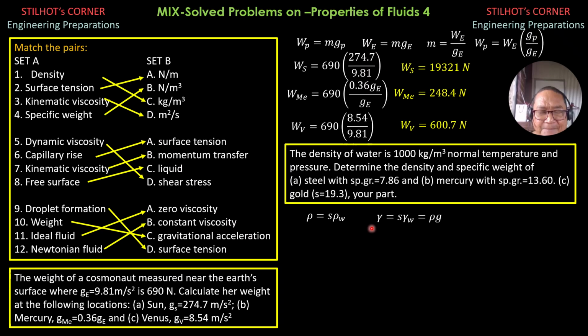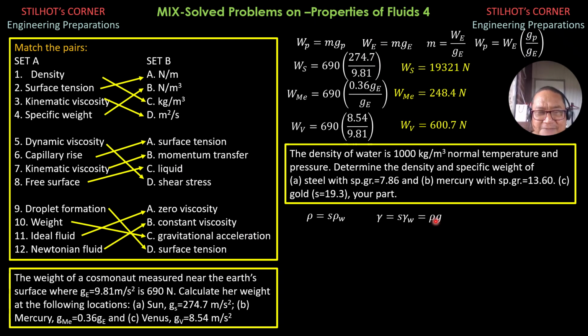By the way, gamma, on the other hand, or specific weight, or unit weight, or weight density of any substance, as long as the measurement is done near the Earth's surface, we can use specific gravity times gamma, or specific weight of water, since it is also equal to the density of the substance times g, which is 9.81 meters per second square.